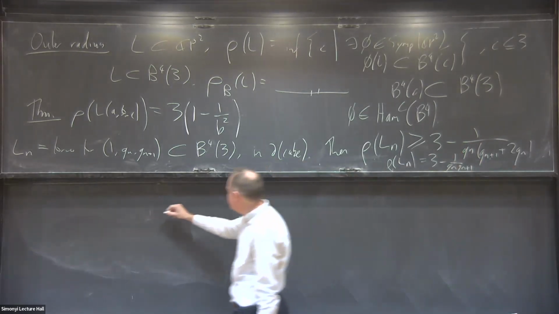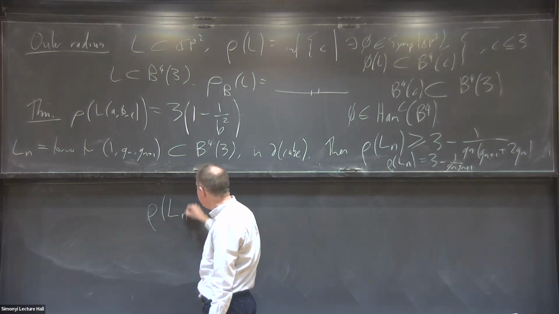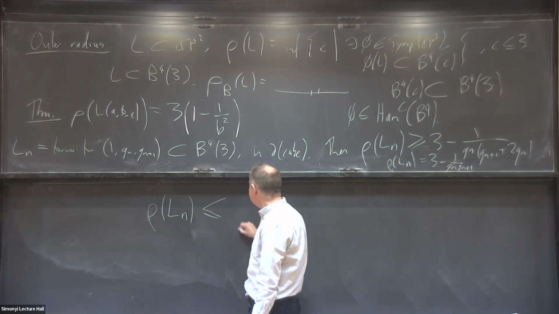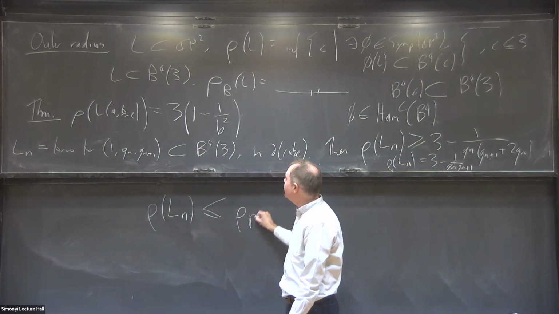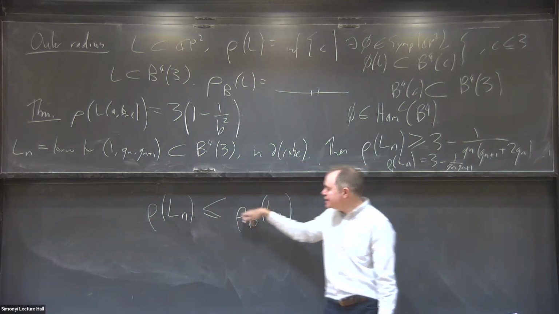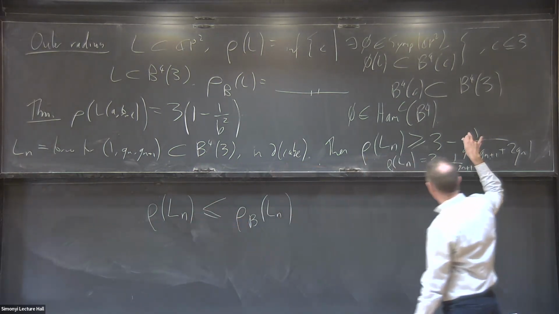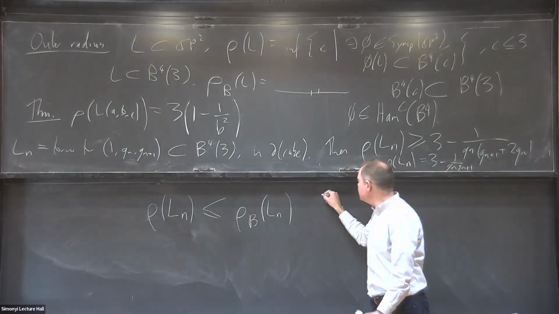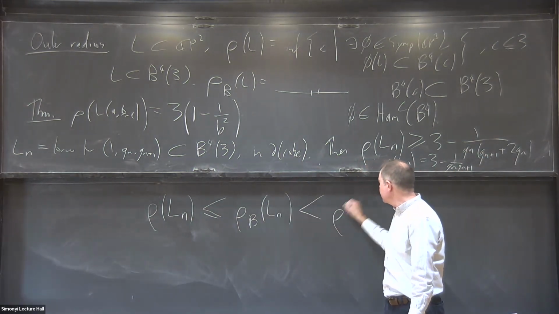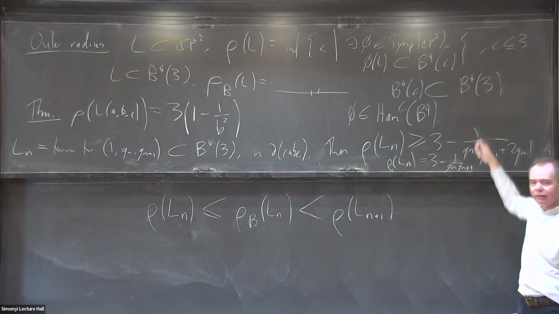So the conclusion is, the outer radius of Ln is for sure less than or equal to the outer ball radius of Ln, just because this is an infimum over a smaller set. This I have a formula for, and then you can prove that that's strictly less than the outer radius of Ln plus 1, just by comparing these two numbers.